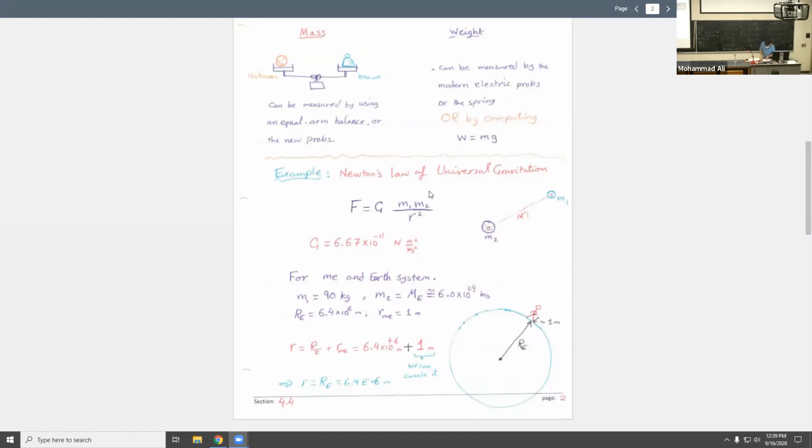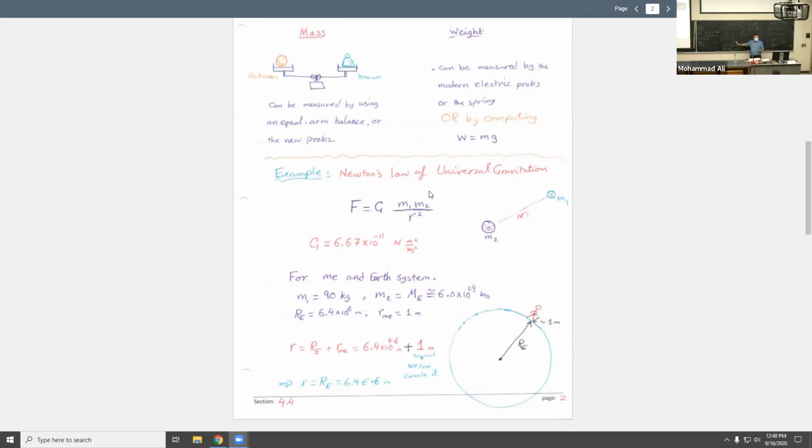Another thing now we'll talk about, Newton's third law, and also do we have any questions here? So if you need to compute the weight, you need to know the radius. At the Earth's surface, it is mg.